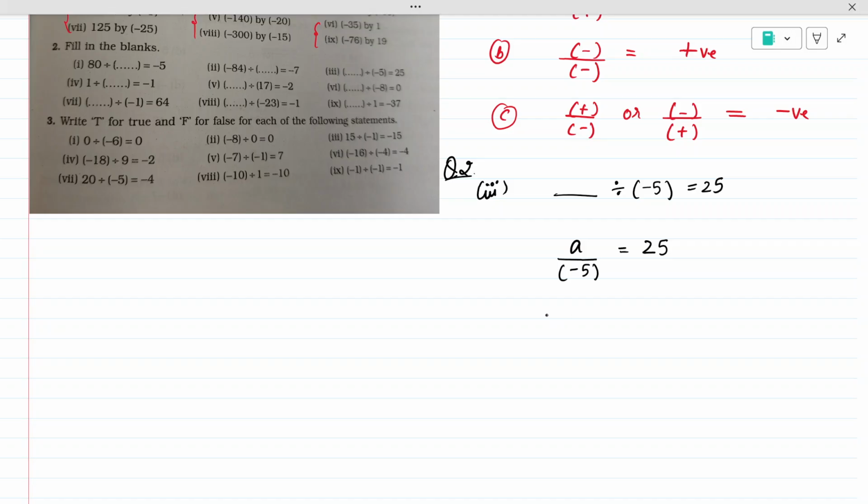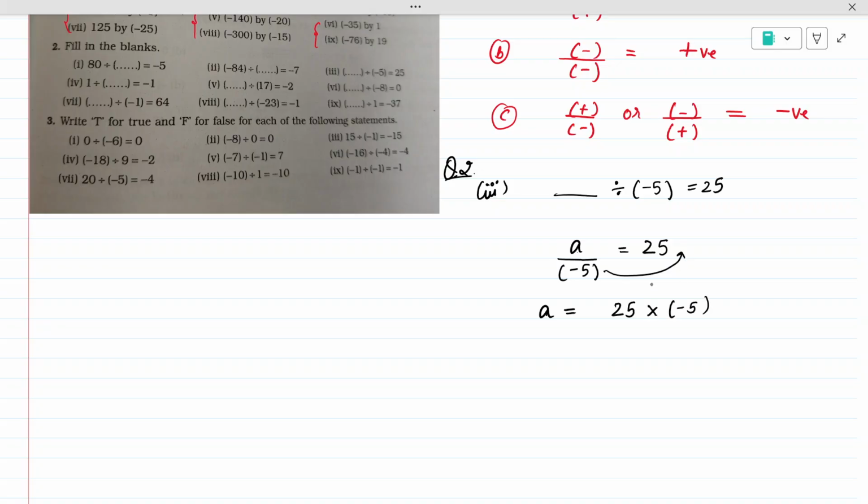Now what we can do, we can solve this expression. I'm keeping a as is, this 25 is as is, but I am moving this minus 5 to the right hand side. So when we are moving this minus 5 to the right hand side, then this minus 5 is in division here. This is a divided by minus 5. So this division would be changed to multiplication of minus 5.